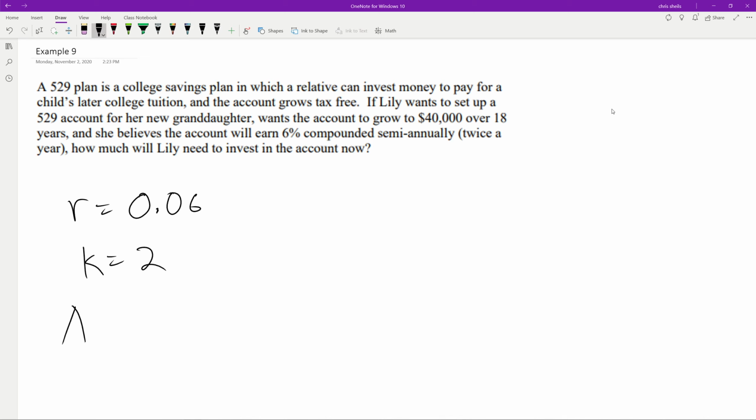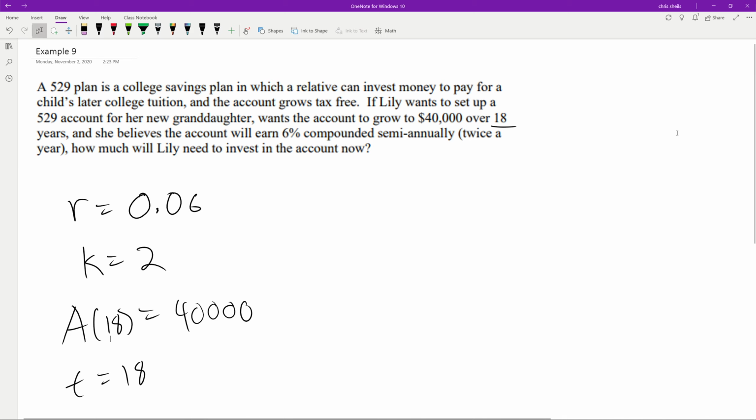So this means actually that A of t is 40,000. And I want this to grow over 18 years. So this means that T is 18. So I suppose A of 18 is 40,000 to be exact.